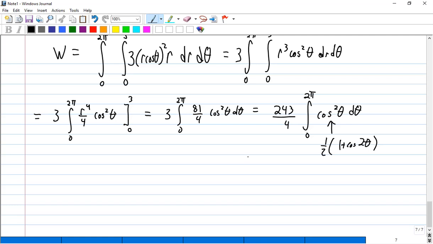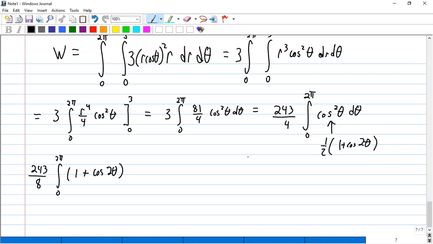We're going to bring the 1/2 out, so we don't have to worry about that. So that's going to be 243 over 8 times the integral of 1 plus cosine 2 theta.